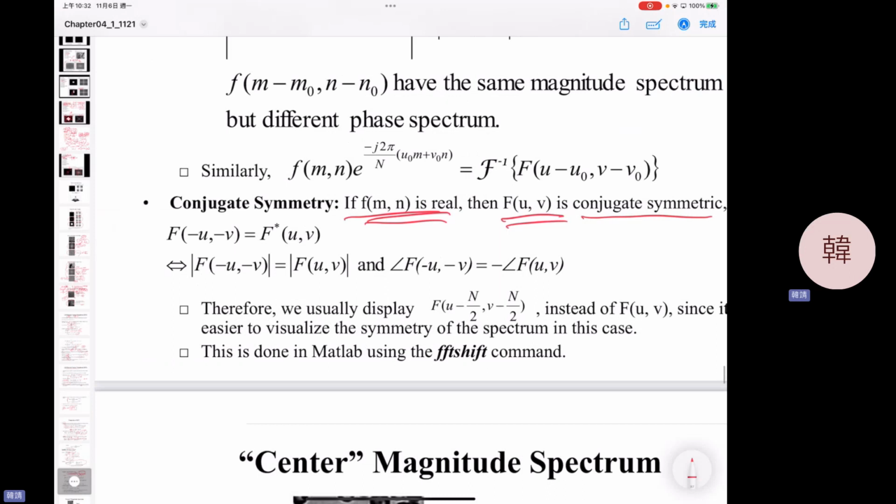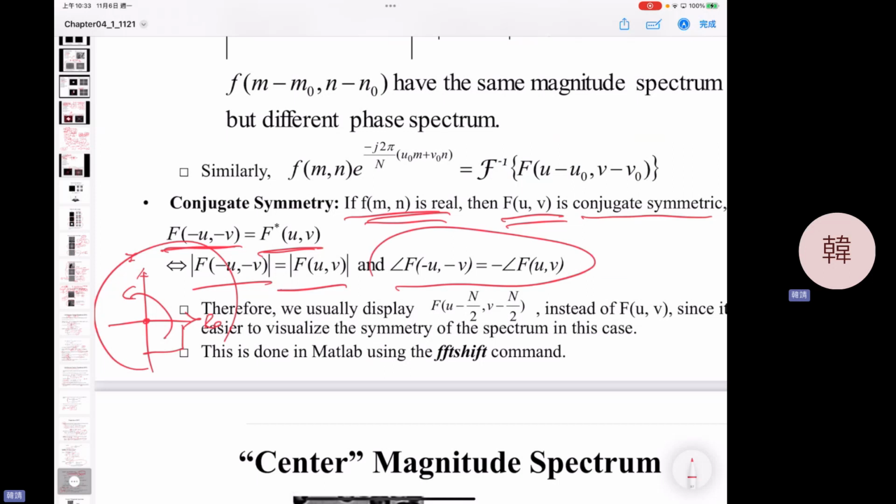If a number has a real part and an imaginary part, and you change the sign of the imaginary part, you get its complex conjugate. So the magnitude is the same, but the angle is exactly reversed, 180 degrees. Okay, so we just use this conjugate symmetry.